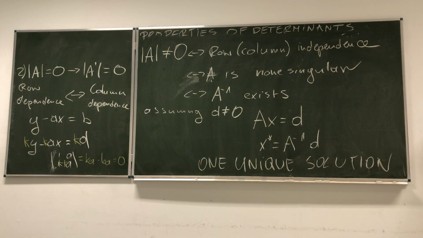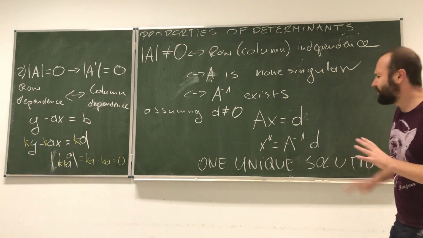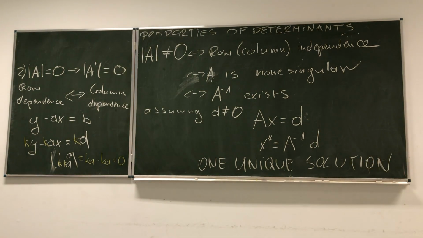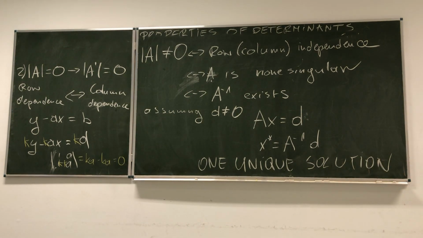A is non-singular. We can invert matrix A, and assuming that this vector D is not made out of only zeros, because that is the homogeneous system of equations we will do in the future, in this circumstance we will have one unique solution.